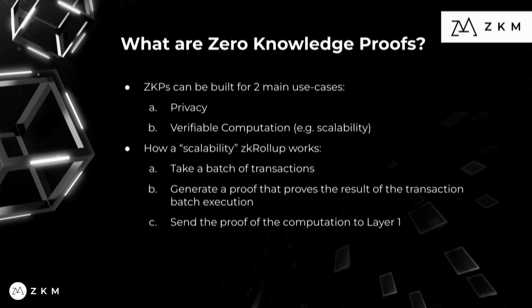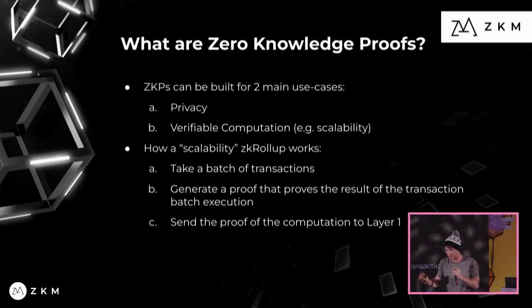Now, let's talk about zero knowledge and where, let's say, the idea of burning bridges comes from. Current zero knowledge proofs can be built for multiple use cases, but there are two main use cases that have been adopted by a lot of solutions, from identity solutions to scalability solutions to privacy solutions.